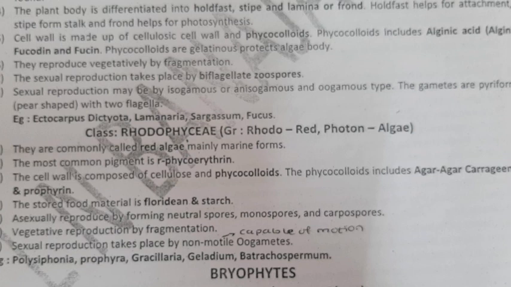In Phaeophyceae, the reserve food material is mannitol and laminarin. Then the cell wall is made up of algin and cellulose, and here in the Phaeophyceae the plant body is differentiated into three parts: holdfast, stipe and frond. Frond helps with photosynthesis.